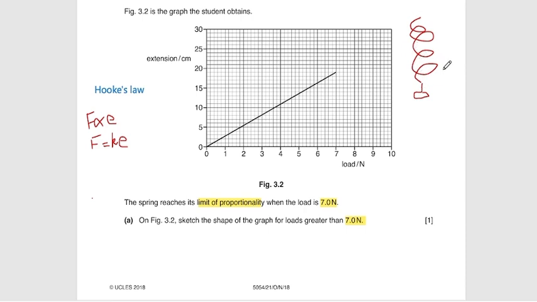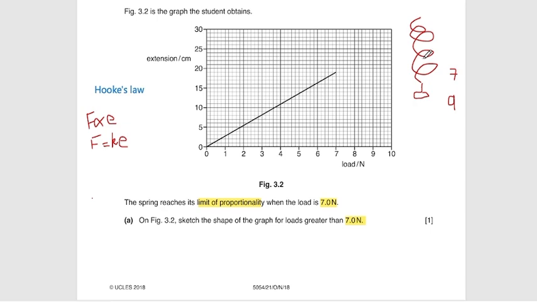Let's say its limit of proportionality was 7, and we crossed the limit of proportionality and reached 9. I added so many weights on this that it crossed its limit of proportionality and reached 9. Now what's going to happen is that even after removing the load, the spring will not go back to its original position.